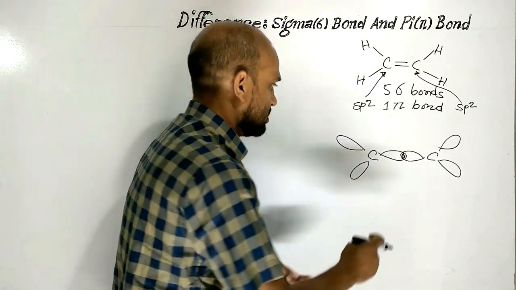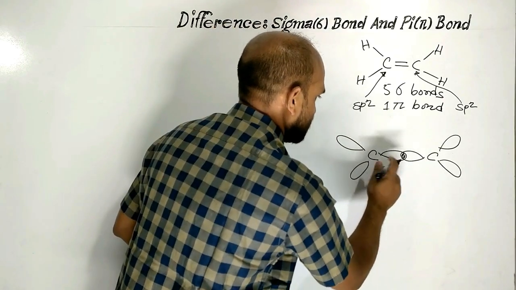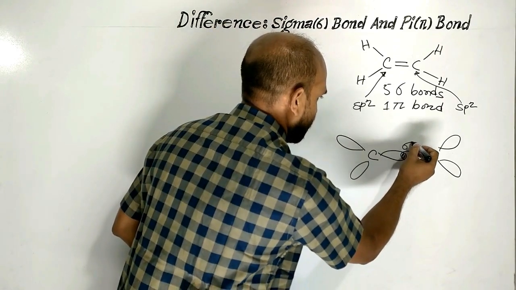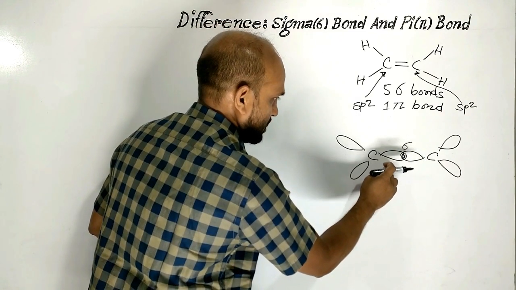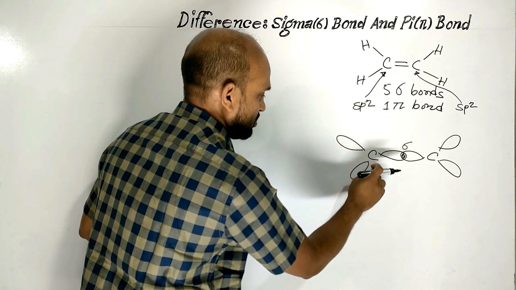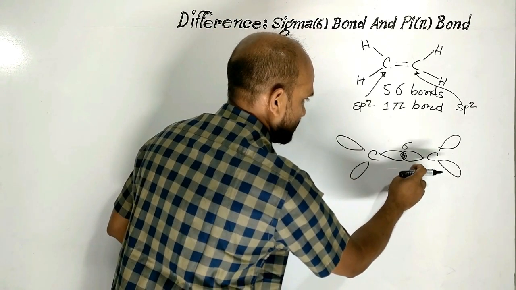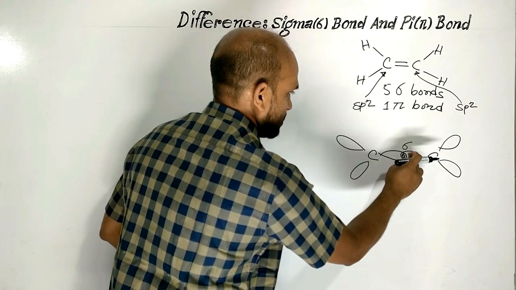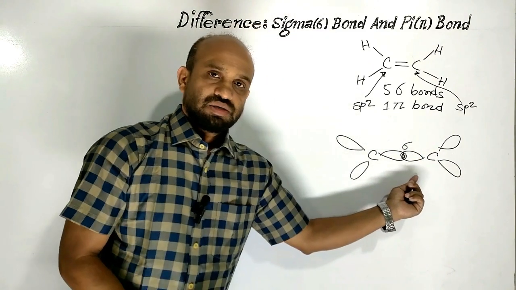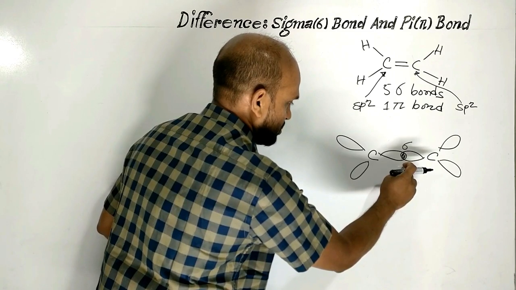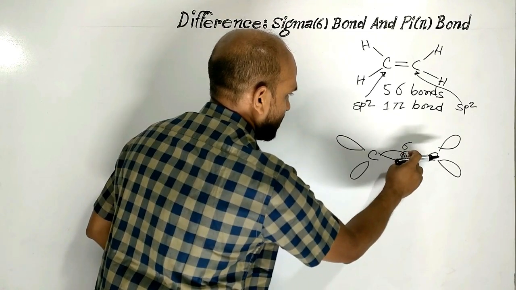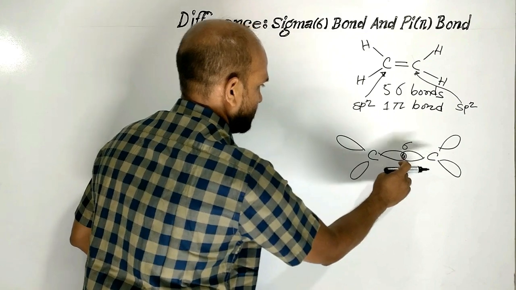As a result, the carbon-carbon single bond, which is a kind of sigma bond, is formed. The sp2 orbital of this carbon overlaps the sp2 orbital of this carbon, so a sigma bond is formed. This bond is formed through head-to-head overlap of hybrid orbitals.